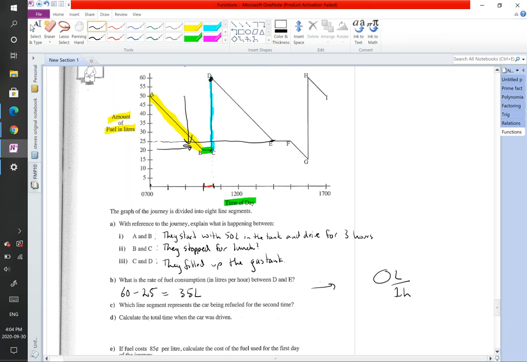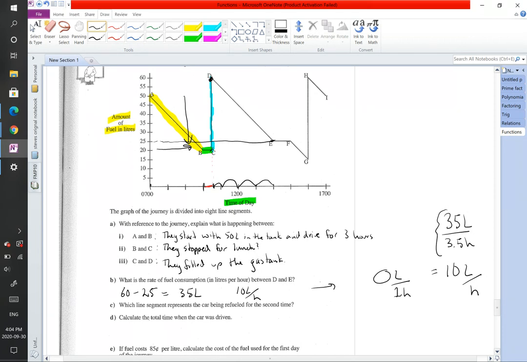So we used 35 liters in, well, 3.5 hours. If we used 35 liters over 3.5 hours, you do that division in your calculator, 35 divided by 3.5, and you get 10, which represents 10 liters per hour. So the rate of fuel consumption was 10 liters per hour.